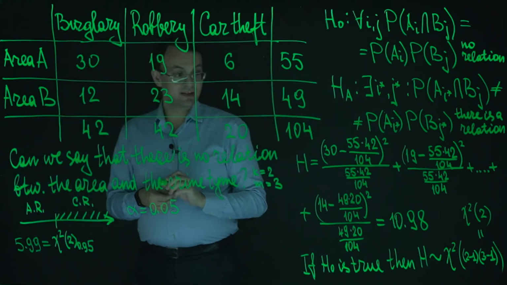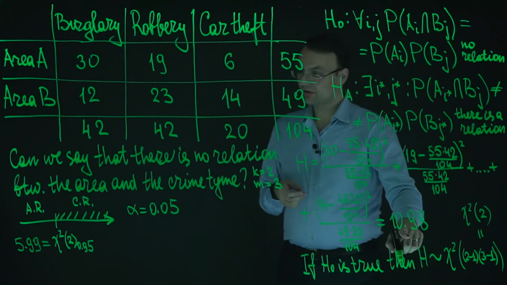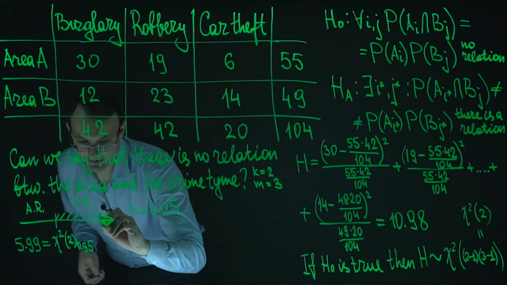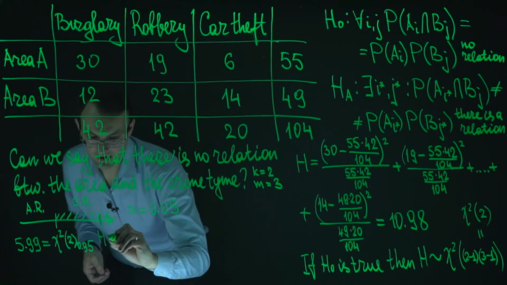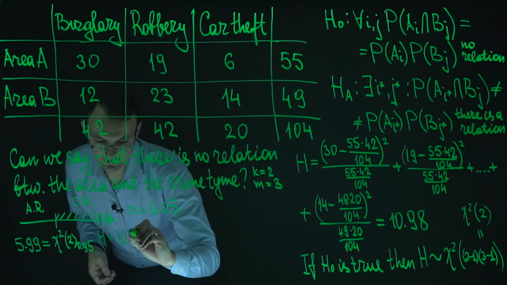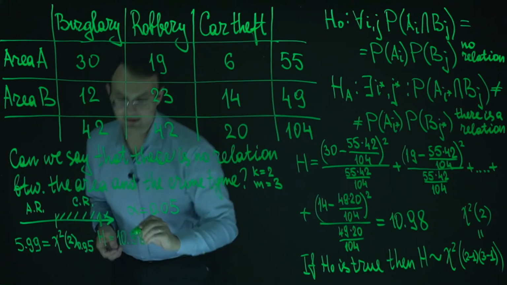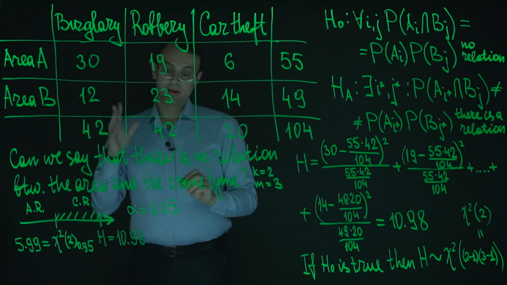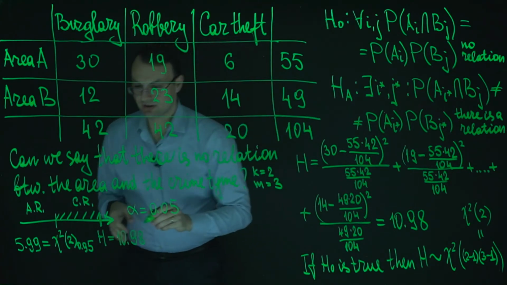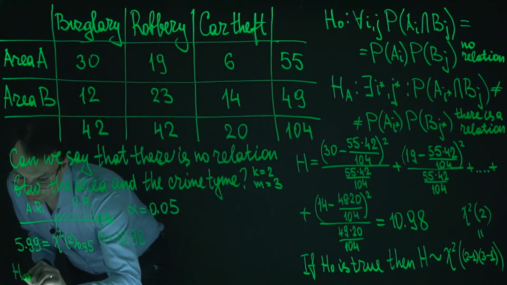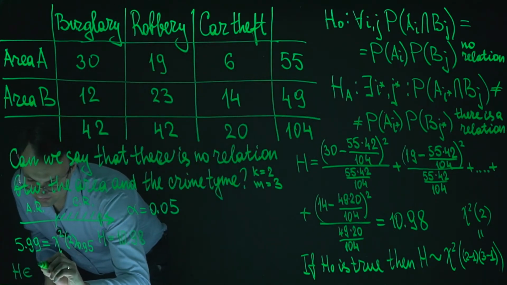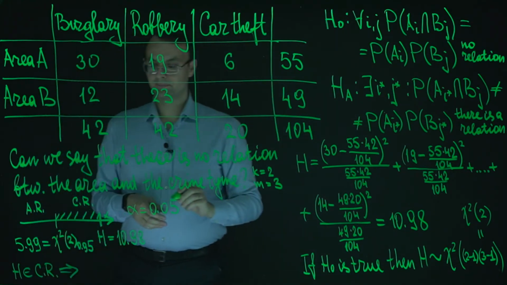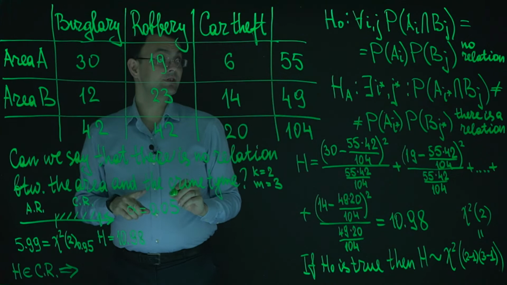What does it mean? It means that H is in the critical region. H is somewhere here, H that is equal to 10.98. So H is in the critical region. This means that the null hypothesis is rejected.